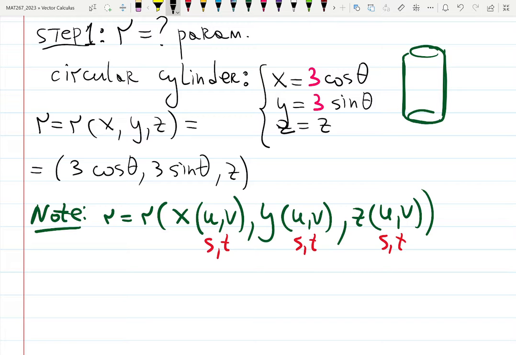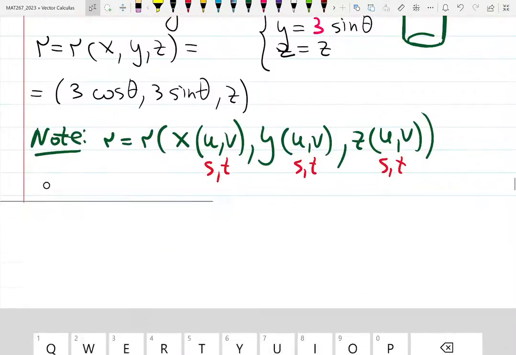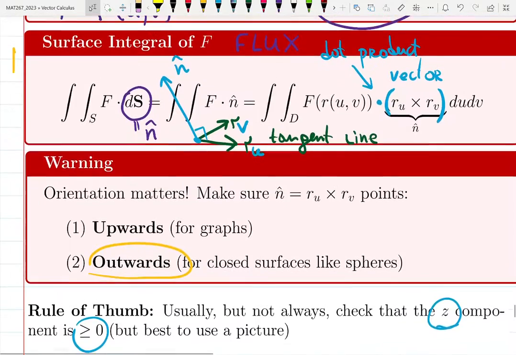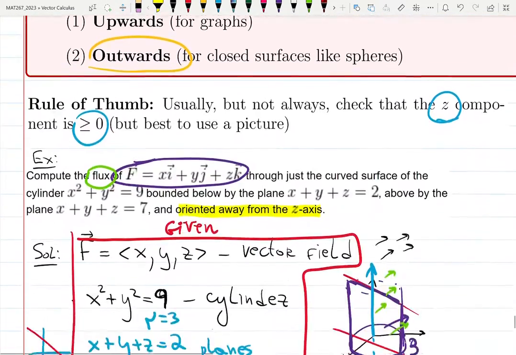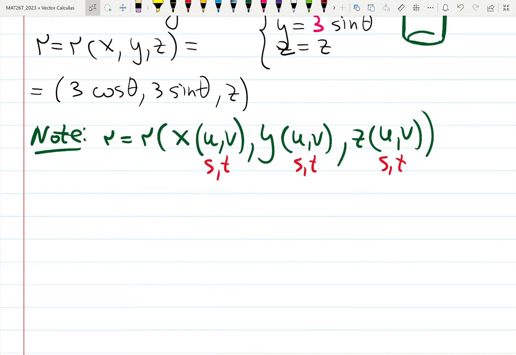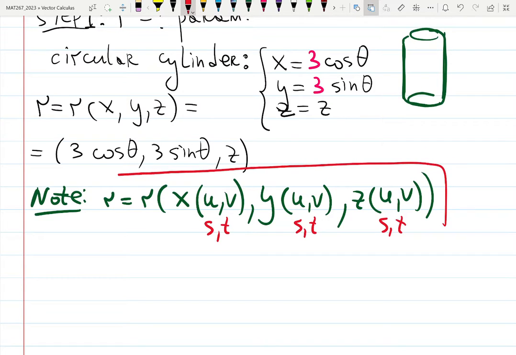I guess let's keep it u and v since we just covered u and v, and it matches the nice formula here. Oh yeah, okay, then I can see it's justified. If it is in the formula, then let's keep u and v. Good point. So u is my angle, v is height. We figure out the parameterization, put it in the box. That's super important. Why?